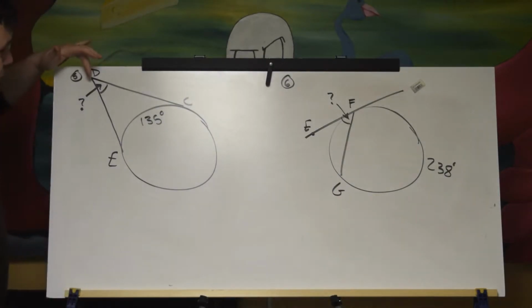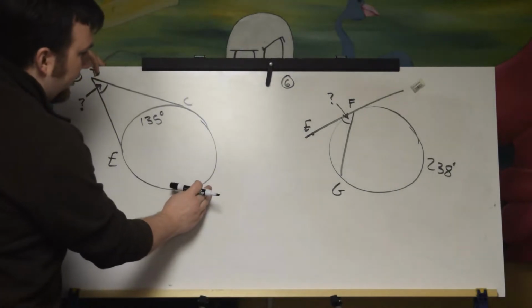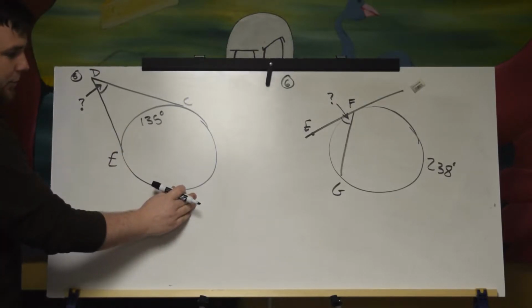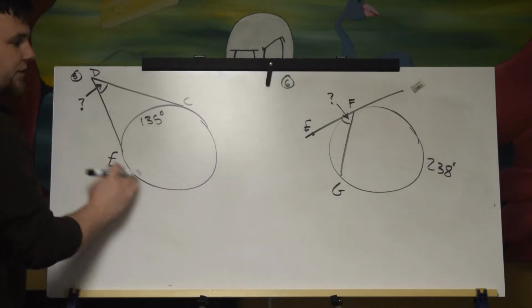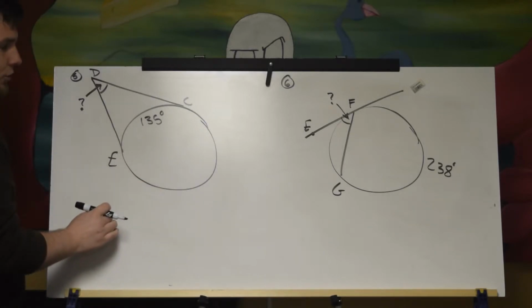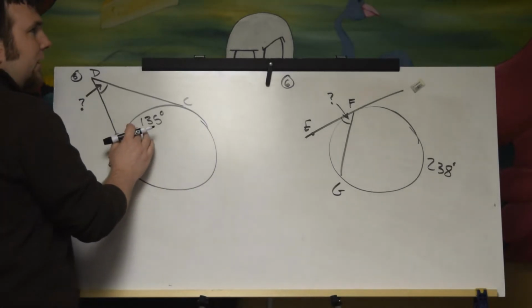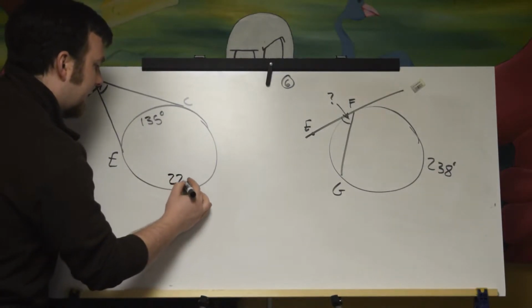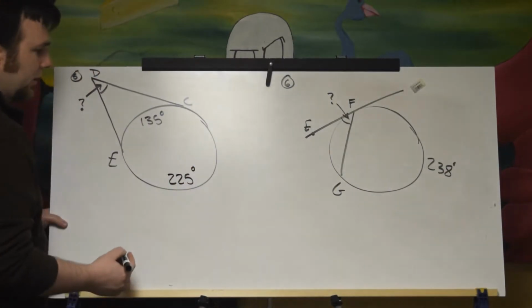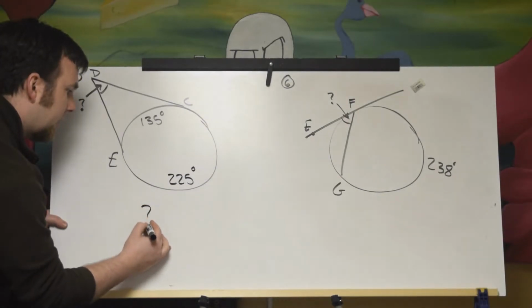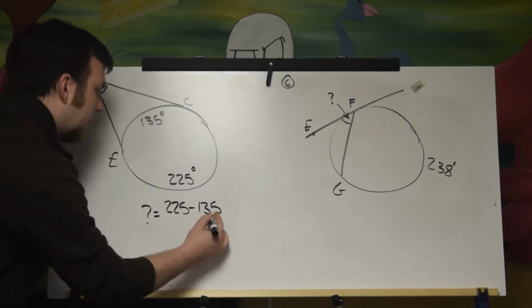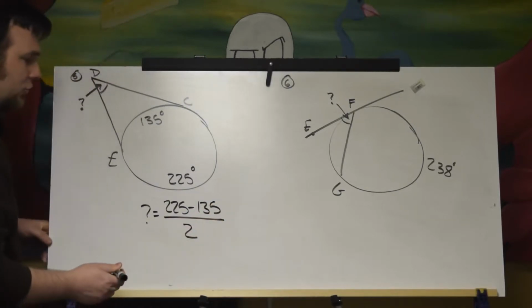Alright, now we see our first exterior angle. To find an exterior angle, you're supposed to do the big arc minus the little arc and divide it by 2. They didn't give us the big arc, but remember, there's 360 degrees in a circle. So 360 minus 135, that sounds like 225. So we're going to do the big arc minus the little arc and divide it by 2.